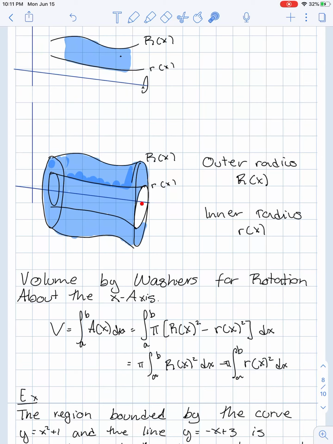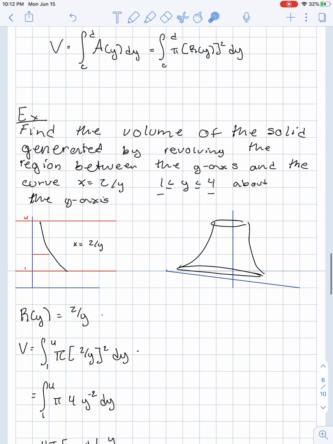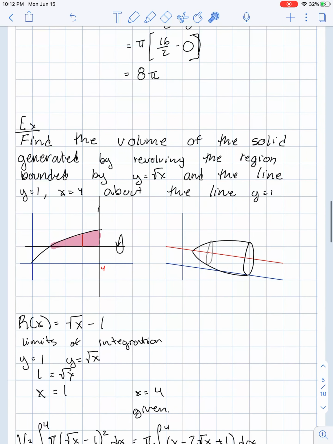Well, now when I rotate it, I don't want this area inside, which would be the area if I rotated just the inner radius. So I take my outer radius and I revolve it around the axis, and I get that volume. And then I subtract this inside hollow part, which I get from revolving little r around, which is why each r is squared, and I'm not combining them and then squaring them like I did up here. So with a washer, I'm going to have two things squared.